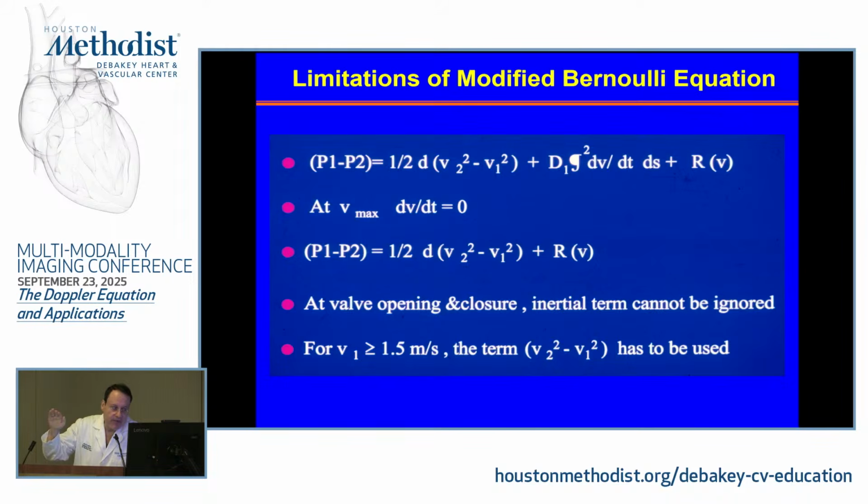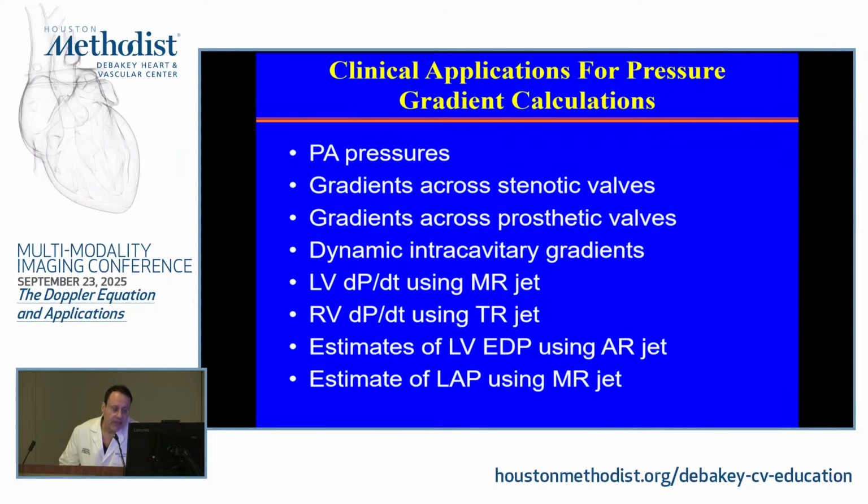It is rather flattish. And with that in place, we can ignore that inertial term. However, at valve opening and closure, there is some energy that will be involved to get that blood in motion, and ignoring the inertial term may cause problems. Having said that, in normal hearts, this is seldom a factor that we have to deal with.